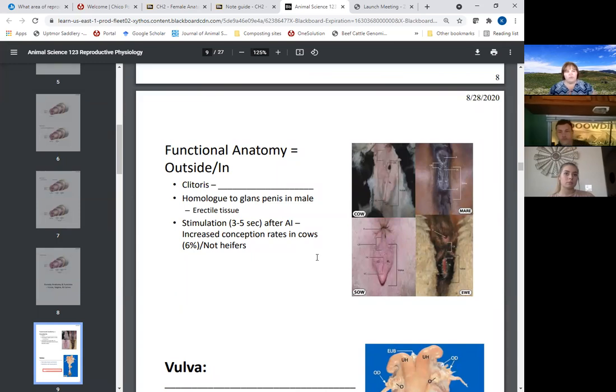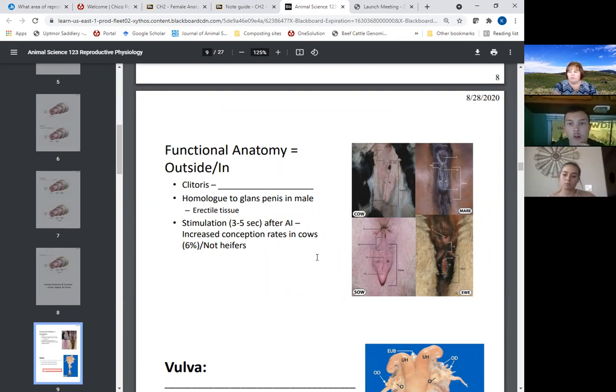After the tubal system, we really get into the anatomical placement. In this class, I always find it easier for an orientation standpoint to start from the outside of the animal and work in. Okay, so if we're looking at the reproductive tract, the part of the reproductive system that is in the back of the animal, we start with the clitoris and the vulva that are outside anatomical structures.